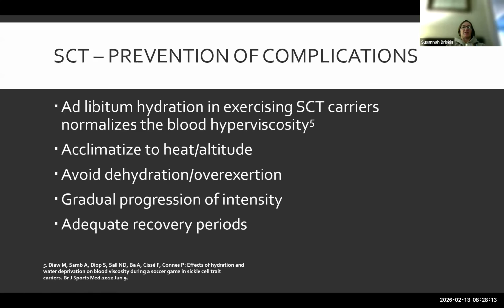So how do you prevent people with sickle cell trait from having problems? The most important thing is to acclimate them to heat and altitude. You want to avoid dehydration and overexertion and have a gradual progression. Whenever I have one of these kids on a sports team, or I'm doing a physical on them and they know they're sickle cell trait positive, I always write on the bottom of their physical: no timed trial or conditioning tests in the first 2 weeks of practice.